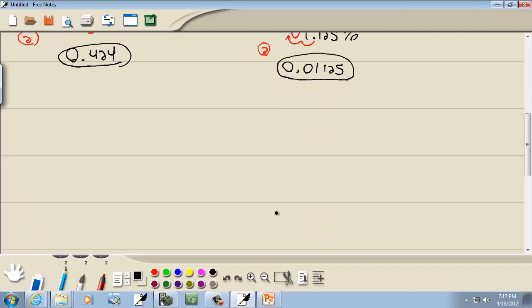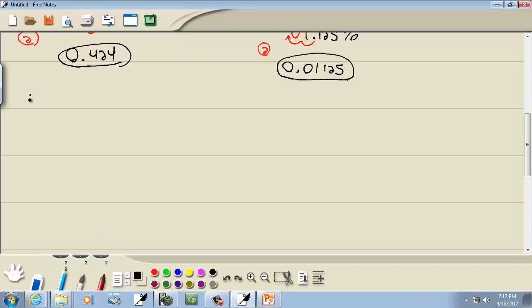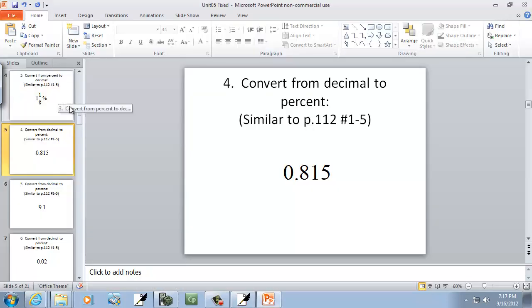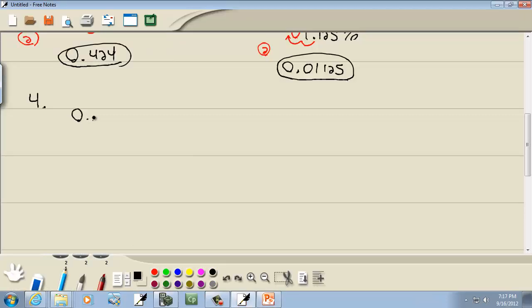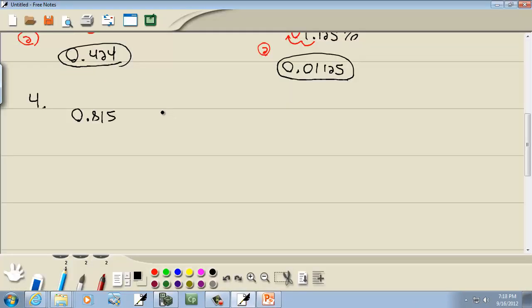Now this next one is going the other direction. It's a little bit easier. We got 0.815. And it says convert from decimal to percent. So convert from decimal to percent.